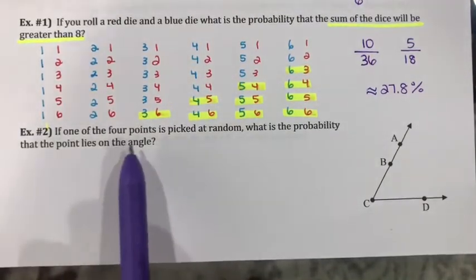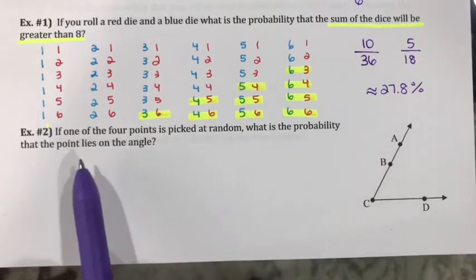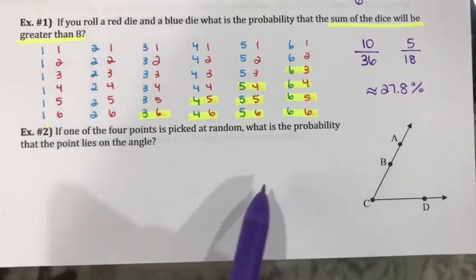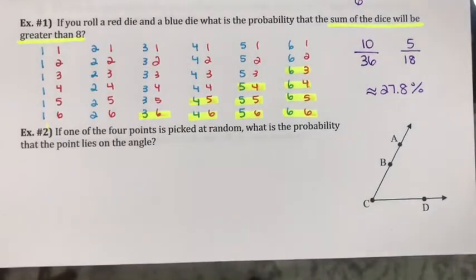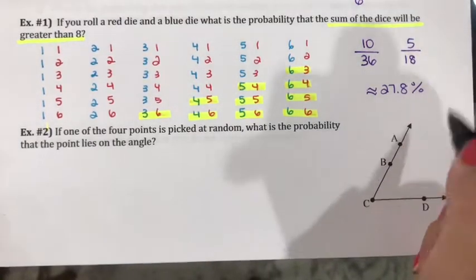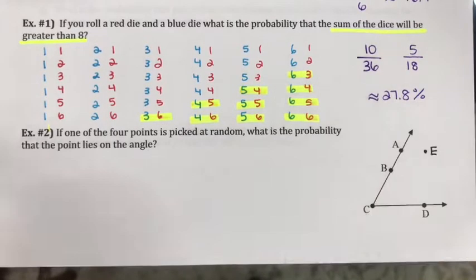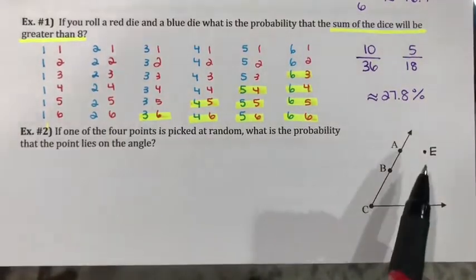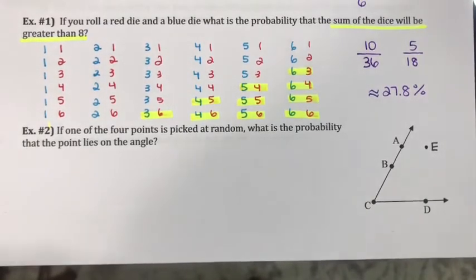If one of the 4 points is picked at random, what is the probability that the point lies on the angle? Now, notice that we've got, and actually there should be one additional point. Somehow it didn't get printed, so let's put that over here. Let's call this point E. Okay, so we have 5 different possible points that we can choose from.